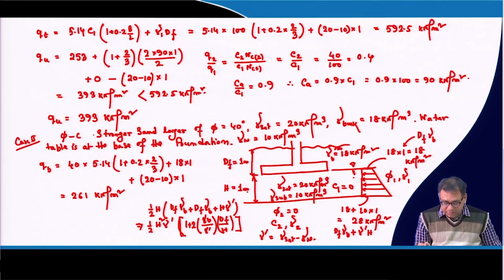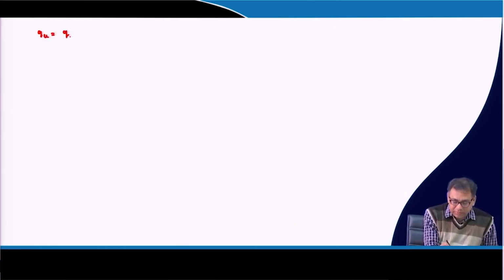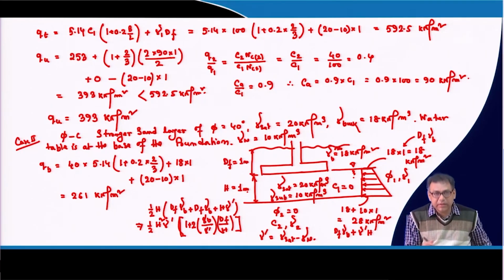So now the modified equation will be Q ultimate equals Q bulk base plus gamma dash, because this is half, then this force is acting in both directions. So this is twice into half, and this part will cancel.